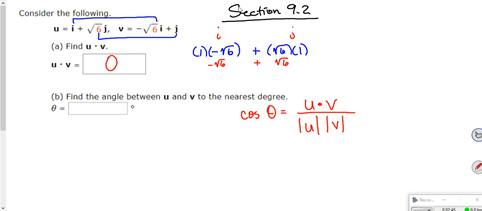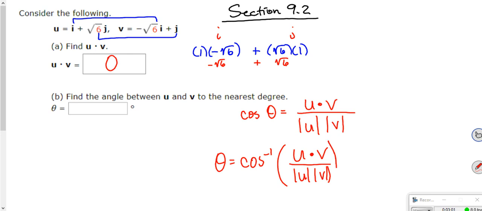So essentially, theta is going to equal cosine inverse of u dot v over magnitude u times magnitude v. Well, our u dot v is 0. So what's cosine inverse of 0? That is 90 degrees. So the angle between them is 90 degrees.